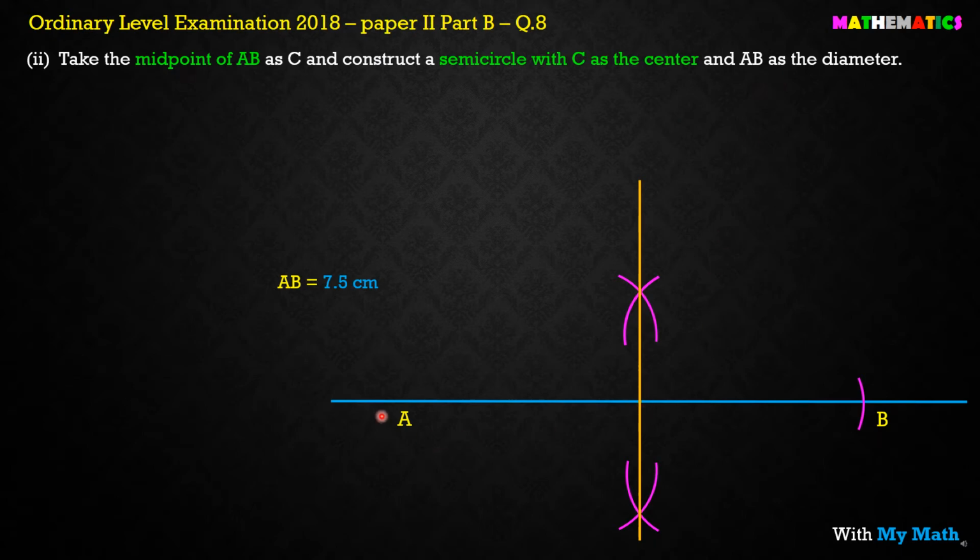So AB is the diameter of that semicircle. Then what about AC and CB? We can understand those are the radius of that circle or the semicircle. So I just put my compass here and draw this semicircle very easily.